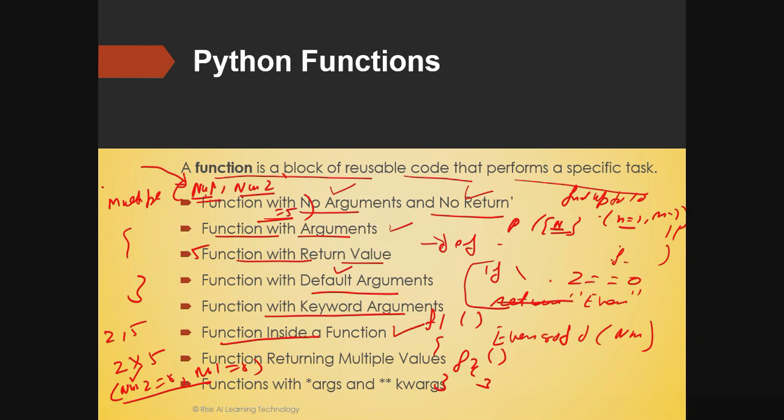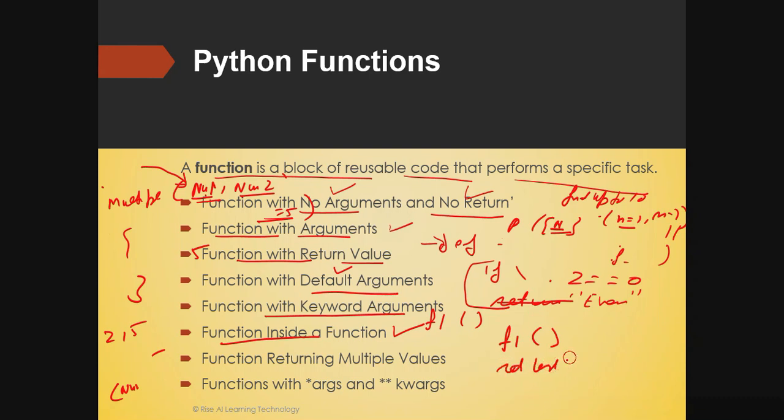The next thing is function returning multiple values. We showed this example while we were doing tuples also. What we usually do till now is return a particular type of object. Suppose there is a method f1 which returns a list object.